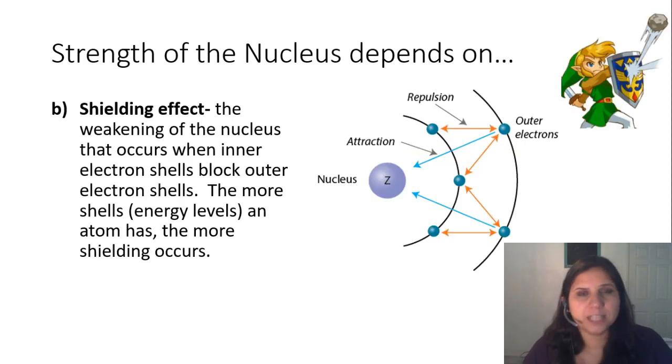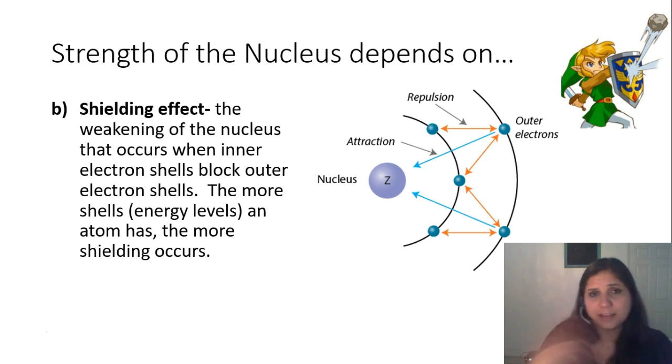Where the number of protons increases the strength of the nucleus, there's something that can actually decrease the strength of the nucleus. And that is all of the layers of electrons that exist around that nucleus. And so here we go. This says the shielding effect is the weakening of the nucleus that occurs when inner electron shells block outer electron shells.